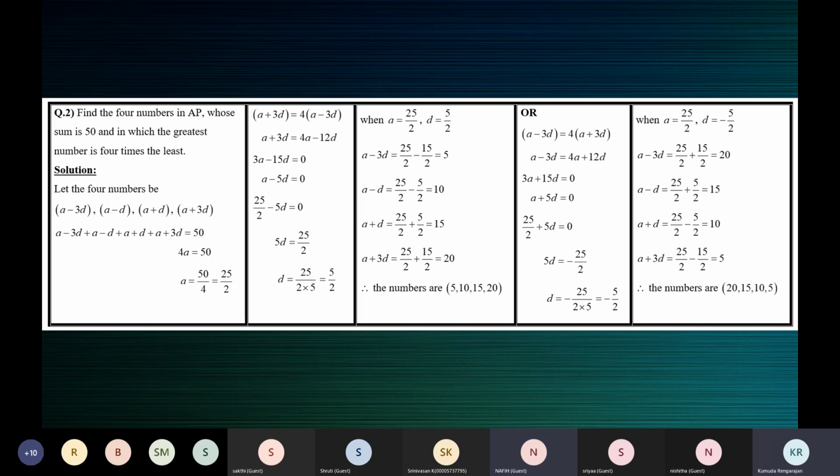There's nothing like that in CBSE. Everything is important from the examination point of view. You don't know which question is going to be picked from any chapter. So give equal weightage to all the questions.